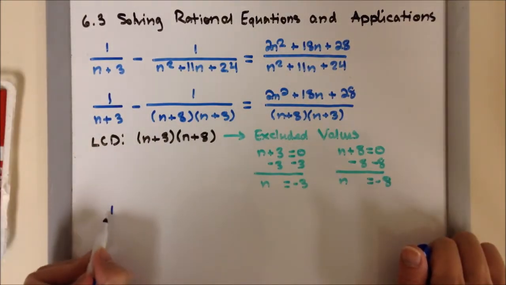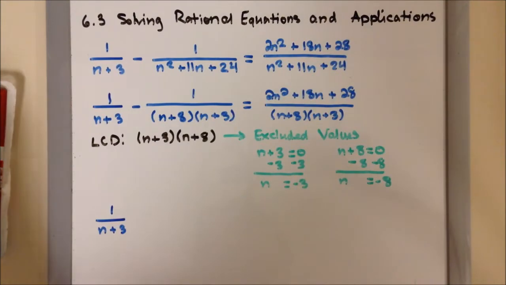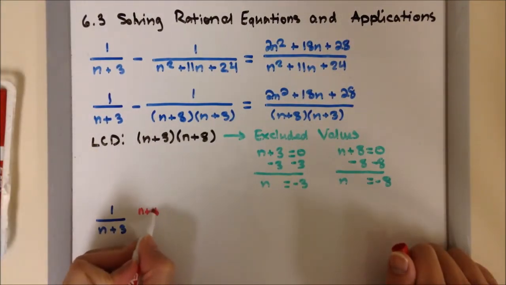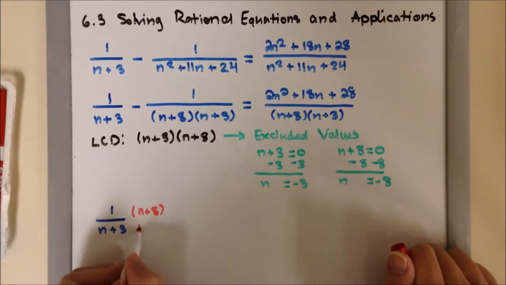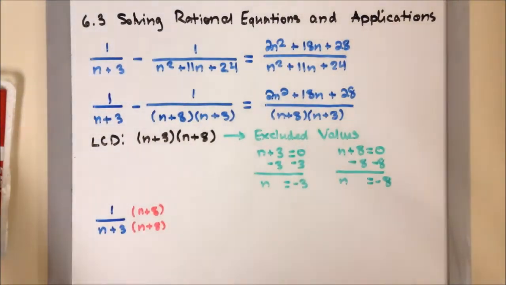So you're going to have 1 over n plus 3, and you're going to multiply by n plus 8 to the numerator and to the denominator. And then everything else will stay the same.